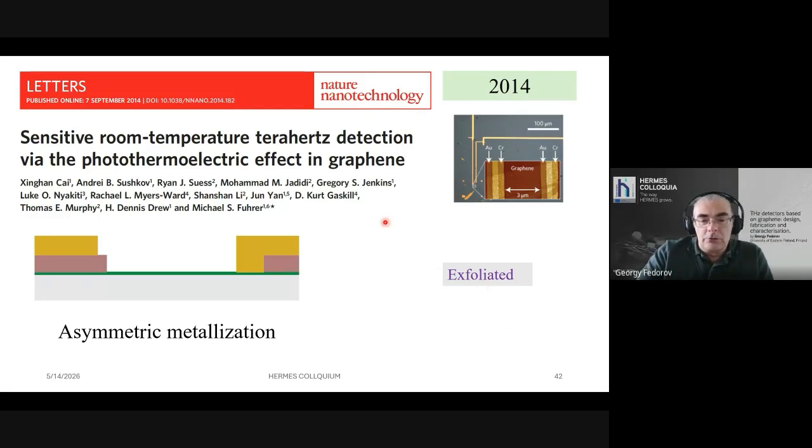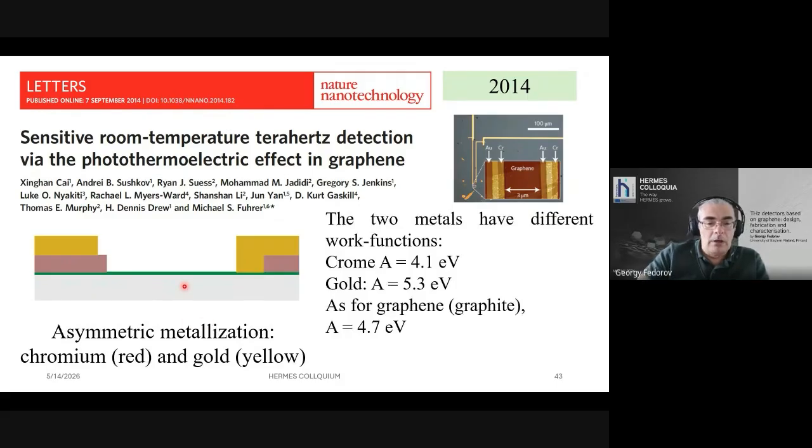And in order to make an asymmetric structure, which is necessary to get this rectification effect, they used asymmetric metallization. In this case, the graphene channel is contacted with gold on one side and with chromium on the other side.